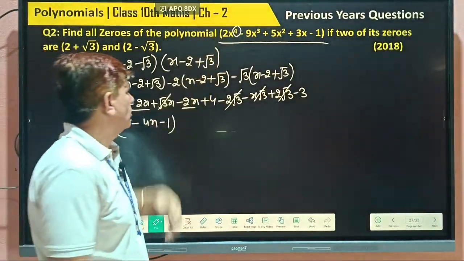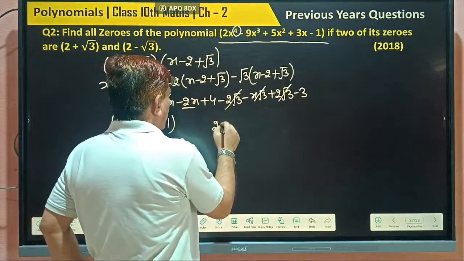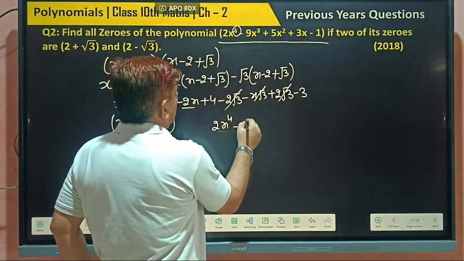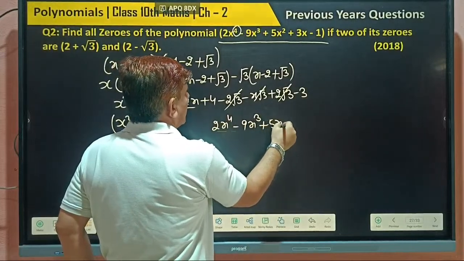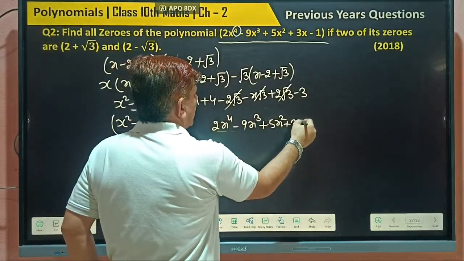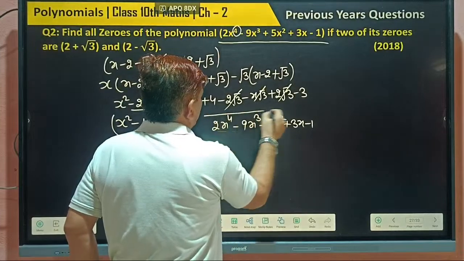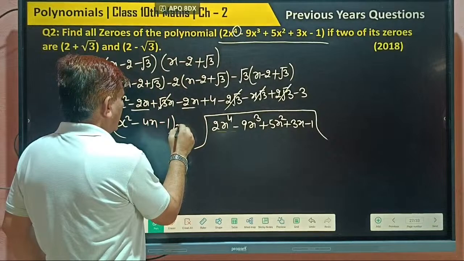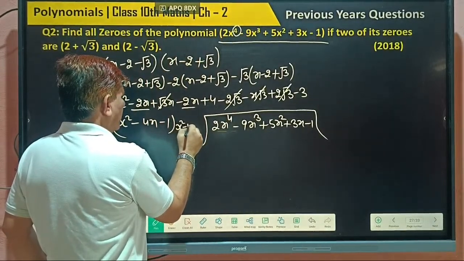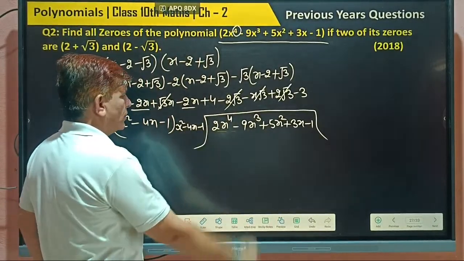So we can write 2x power 4 minus 9x cube plus 5x square plus 3x minus 1. This is divided by x square minus 4x minus 1.